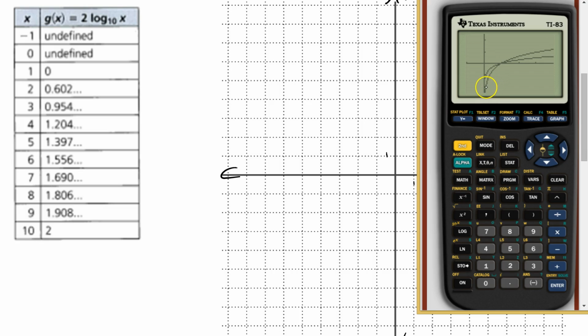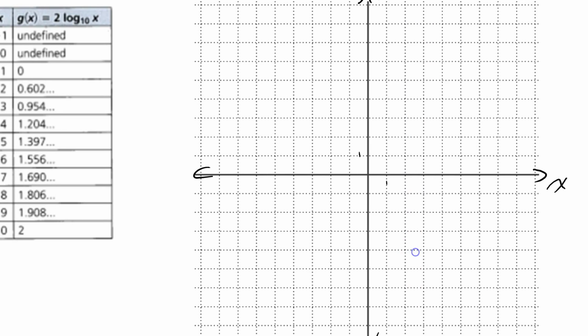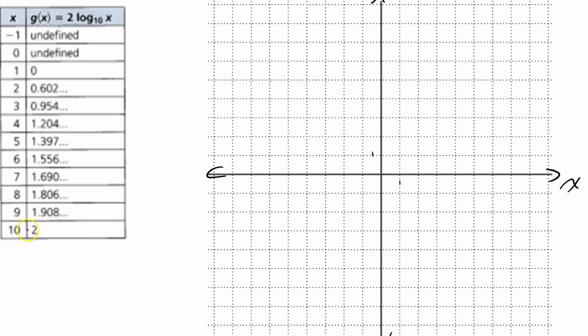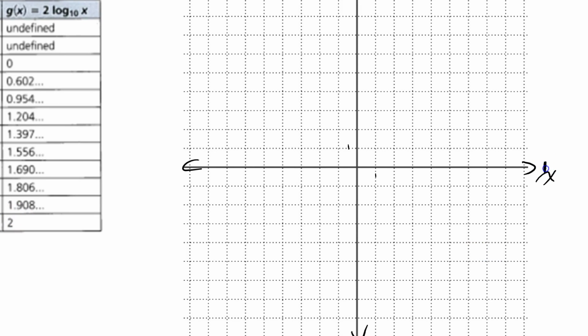The second one that we just graphed is going to have the same intercept, but it will jump up a little higher, a little faster. So at x equals 10, y is going to be 2. And just make another one here. So it's going to go like this.